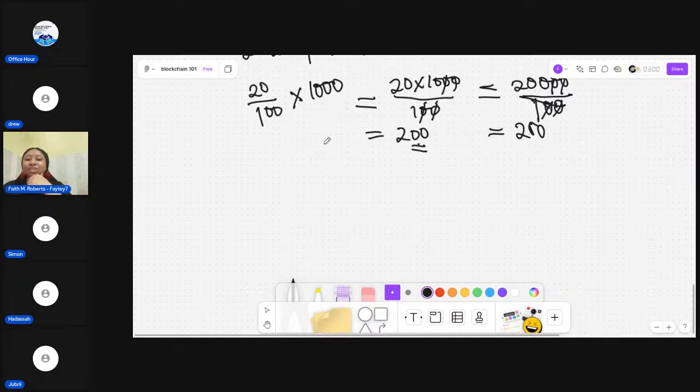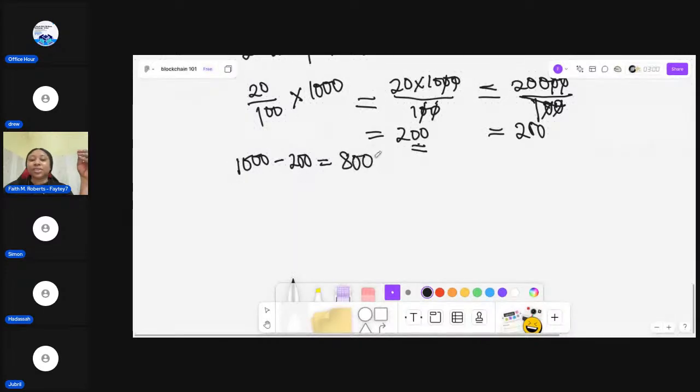But for you writing your smart contract, you need to understand how much is left once the 20% was distributed. How much is left in your total supply? How much is left after distributing 20%? 1,000 minus 200 is equal to 800.